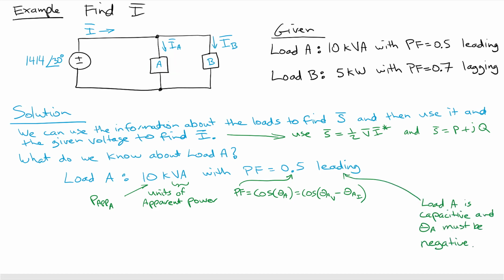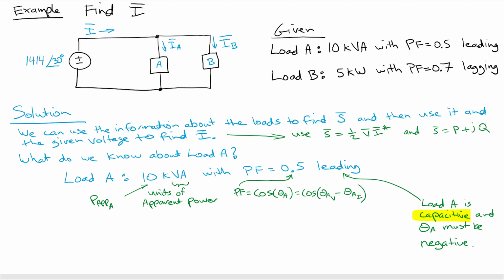The other piece of information we know is that the power factor is leading, so we know that load A is capacitive. And we also know that theta A must be negative if it has a leading power factor.